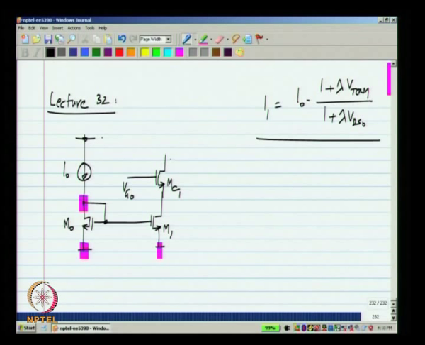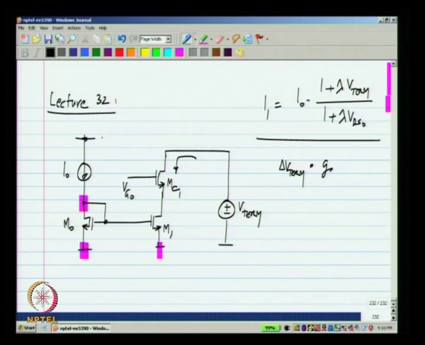Now, I do know that the current here will not be affected significantly by V term. If I change V term by, let us say, some delta V term, originally I would get a change of delta V term times gds1.